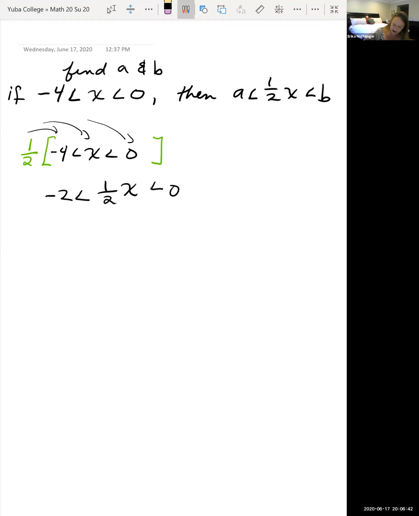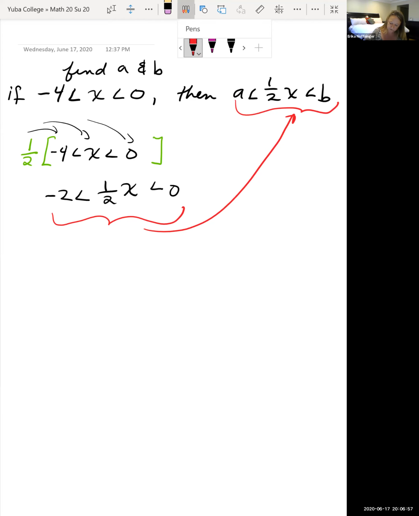So notice now that we just manipulated the middle piece of our inequality to look like what we were asked to get. And so we could say that a is going to equal -2, and then b would equal 0.